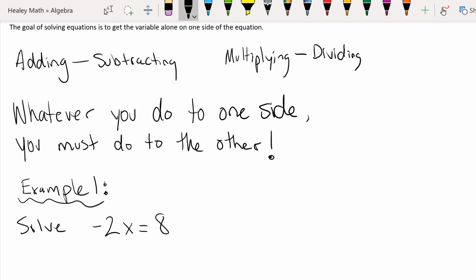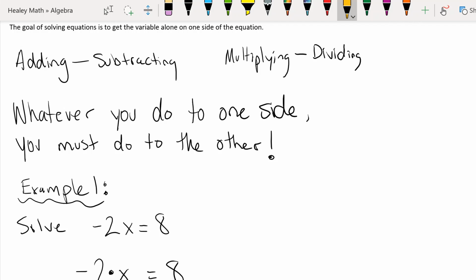So this equation tells us negative 2 times a number, in this case x, is equal to 8. Right now we have negative 2 times x equals 8.